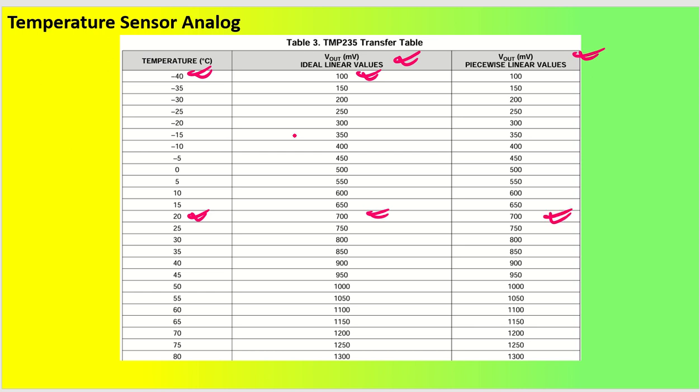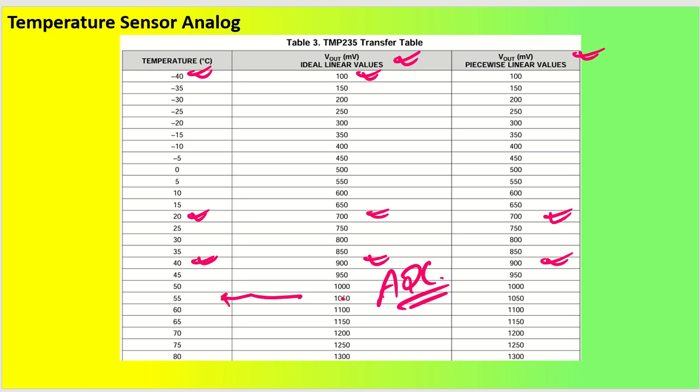And here also the piecewise value is the same. At 40 degrees centigrade, it is 900 millivolt or 0.9 volt. This is also 0.9 volt. So based on this table, you will be able to decide what the voltage value read at the ADC pin is, and correspondingly what the temperature is.